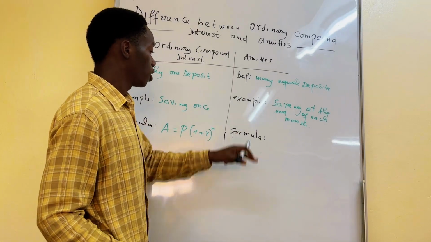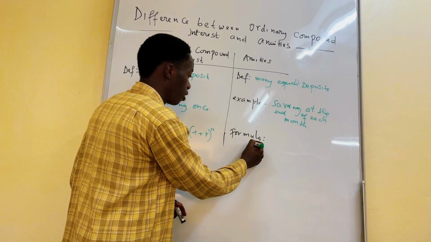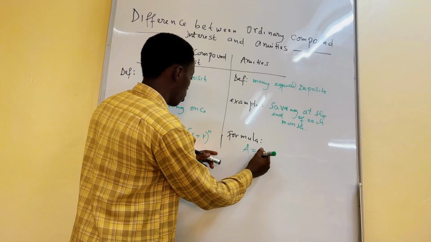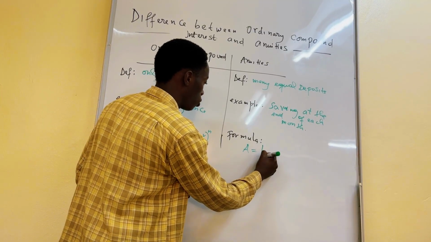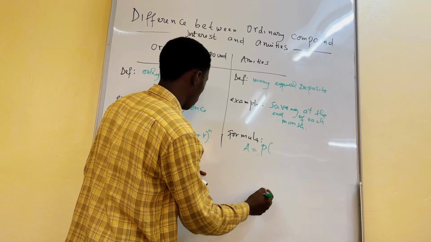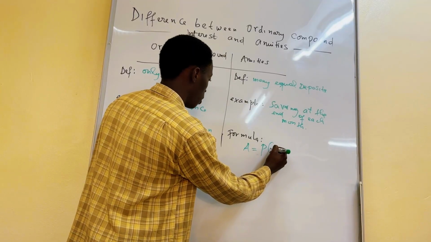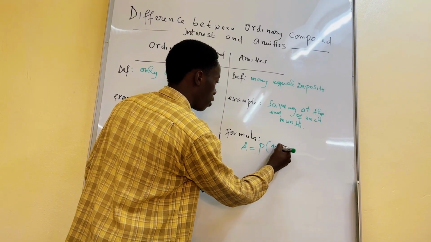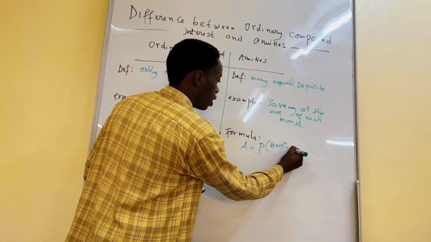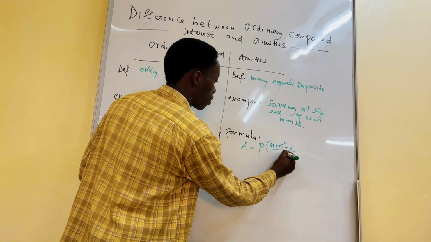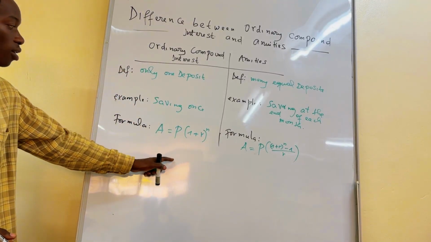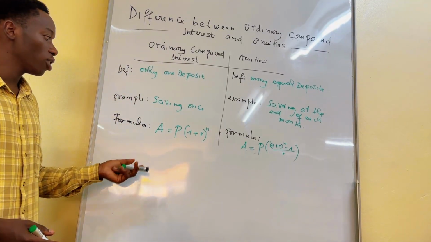And for annuities, we use the developed formula, which is A equal to P times ((1 plus R) power N minus 1) over R. As you can see, the formulas are totally different.